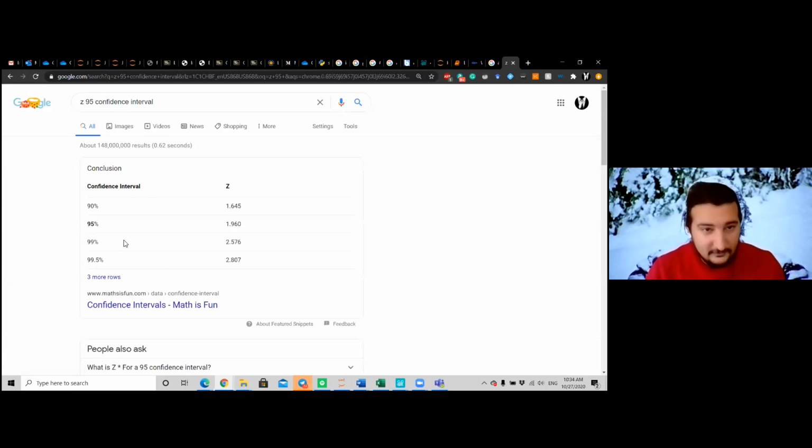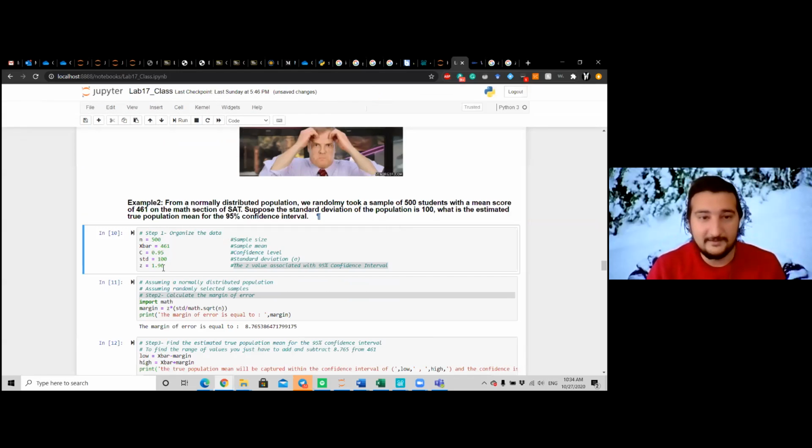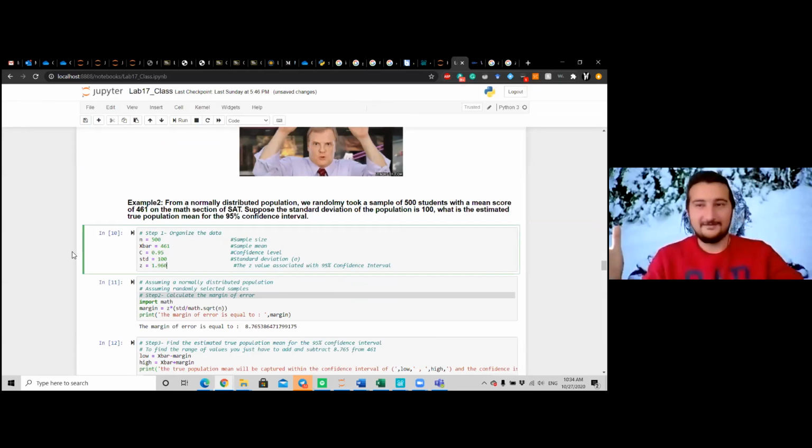And it will give you a table like this. Since you are interested in a confidence interval of 95%, you will just simply cut this number, bring it back to your notebook and put it here. Ta-da! So one more time, it's Google to the rescue.